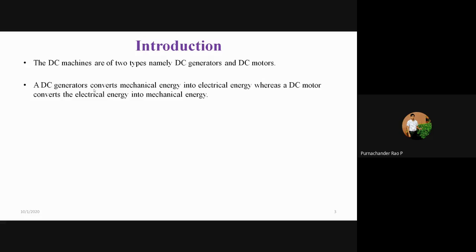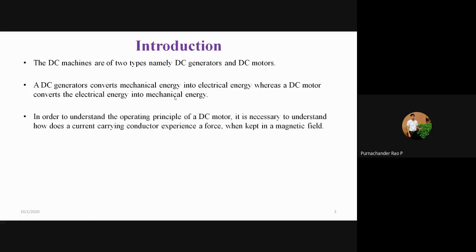The DC generators convert mechanical energy into electrical energy, and the DC motors convert electrical energy into mechanical energy. So, in order to understand the operating principle of a DC motor, we need to see how force is exerted on a current carrying conductor which is placed in a magnetic field.